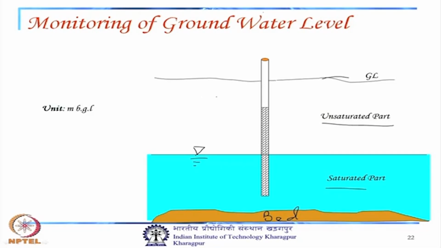So, the unit of groundwater level is generally considered as H. This H is a BGL value, meter BGL. BGL is below ground level. This is a piezometer, a typical piezometer, and this is the screen or well screen. So, with that we can monitor the groundwater level in any area.